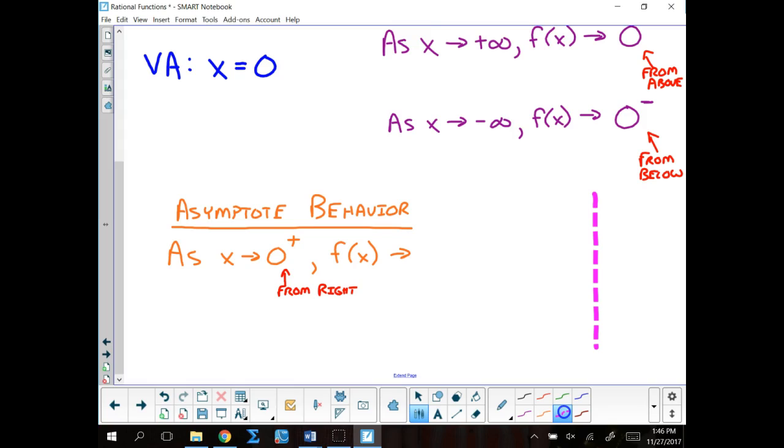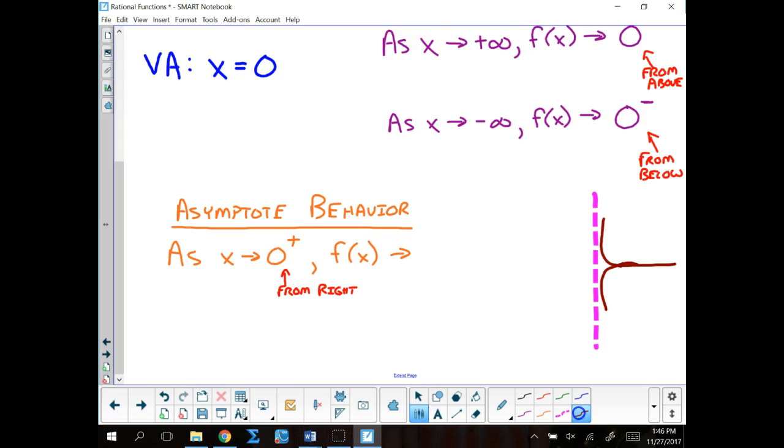Okay? And your function's going to be approaching it from the right. But it can't just stop. It's got to go somewhere. So it's either going to make a turn and go up, or it's going to make a turn and go down. But it can't cross over it. So it's going to turn and go up, or it's going to turn and go down.